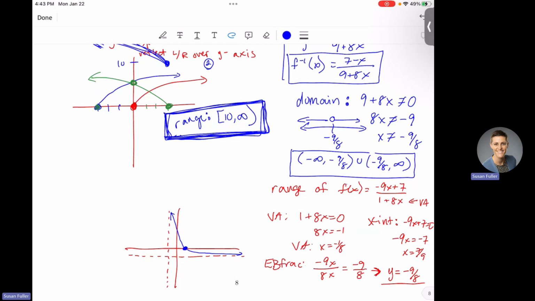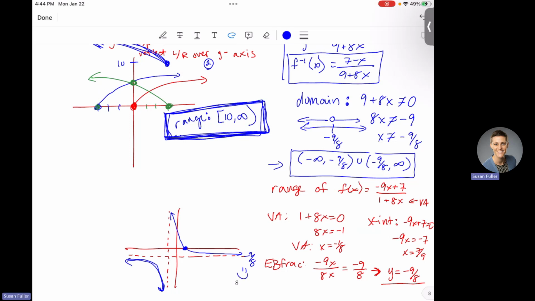You can plug a number in on the left if you want to, and you'll find that we are below the x-axis and we're over here. And so this is what my original function looks like. And notice my range here matches my domain here. This all matches because this was y equals negative 9/8.